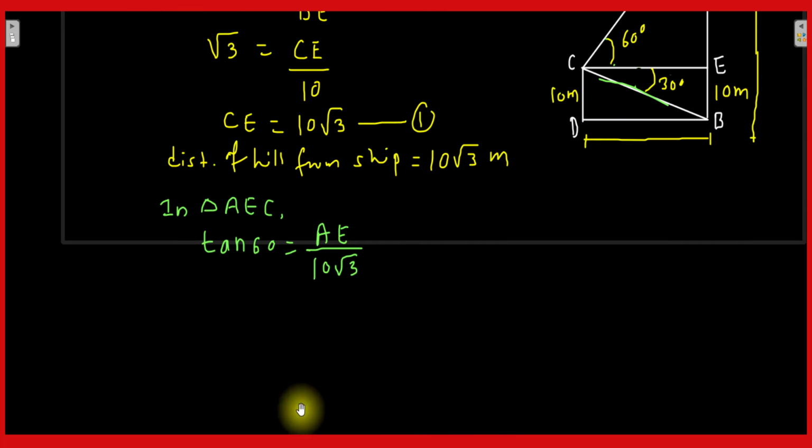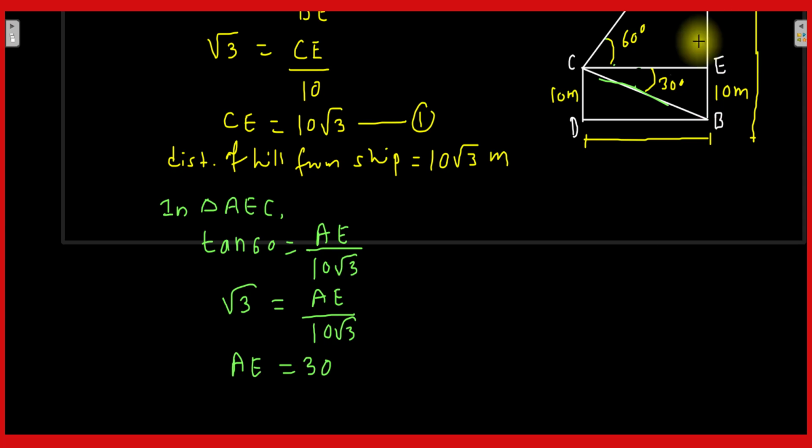And so here we will solve this further. Tan 60 is root 3, so root 3 equals AE upon 10 root 3. Now take 10 root 3 to this side, so root 3 into root 3 will be 3, and 10 into 3 will be 30. So AE is equal to 30.